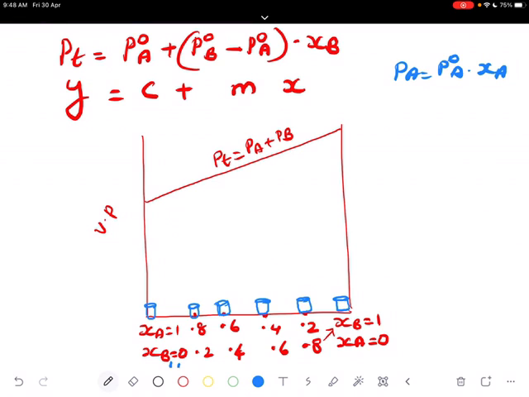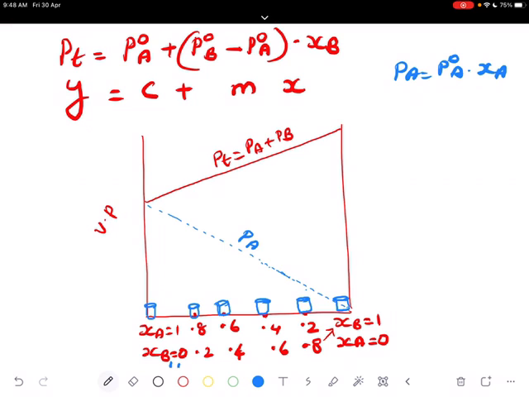XA is decreasing, so PA is also decreasing. So the graph is like this. So this is PA.